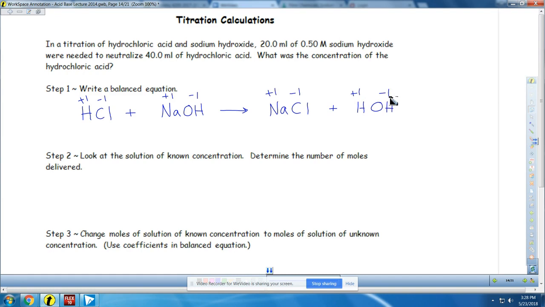Now we also kind of mentioned that HOH is also known as water. So I don't care if you write it as the HOH, or if you would prefer, you can write it as water. If needed, we would have to balance with coefficients, but this one is balanced with all 1-to-1 ratios.